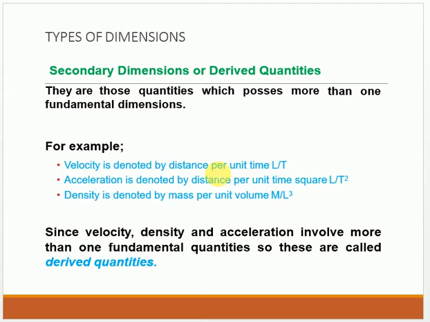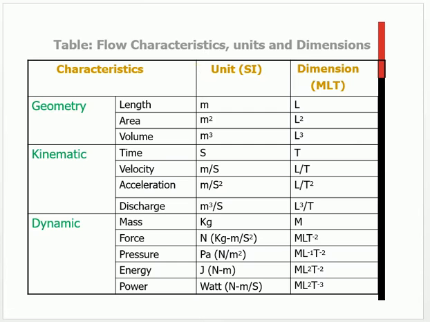Distance is meter per second, so L by T. Since T is in the denominator, to take it to the numerator, it is L T power minus 1. This conversion is a basic one you will come across. Acceleration is distance per unit time square, meter per second square, so L T power minus 2. So these are a few derived quantities.